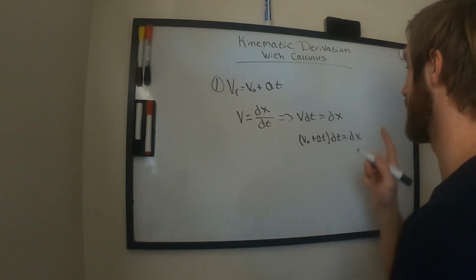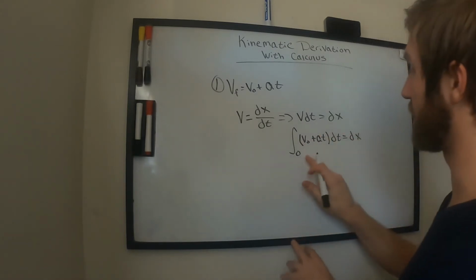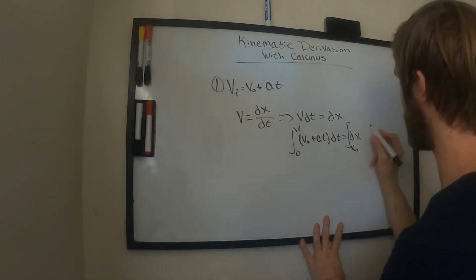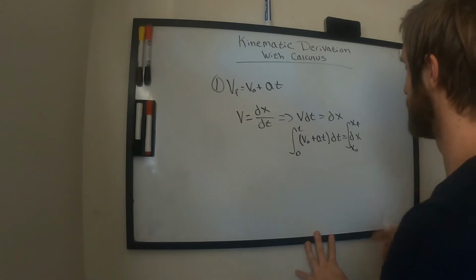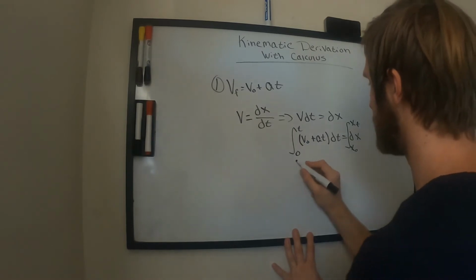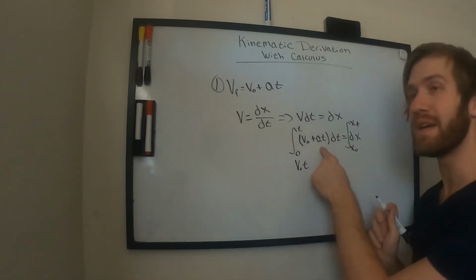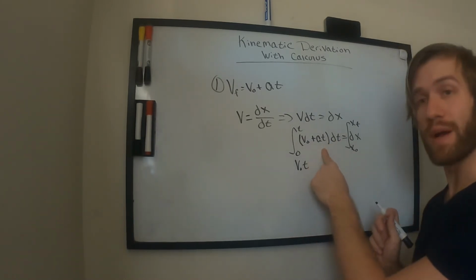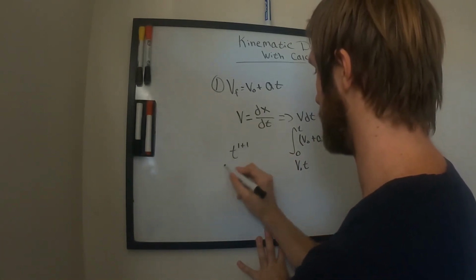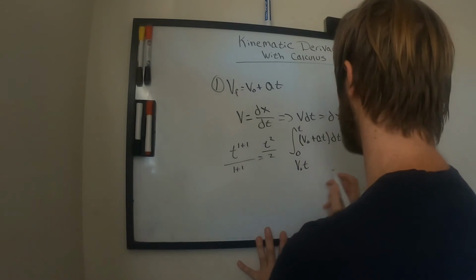And now we can integrate both sides. Like we always do, start from 0 to t, and here, start from our initial position to our final position. Okay, so let's carry out this operation this time. On this left side, we're going to have v naught times t. Since we have a t on this part of the equation, we are simply just going to do this: t to the 1 plus 1, over 1 plus 1, equals t squared over 2.